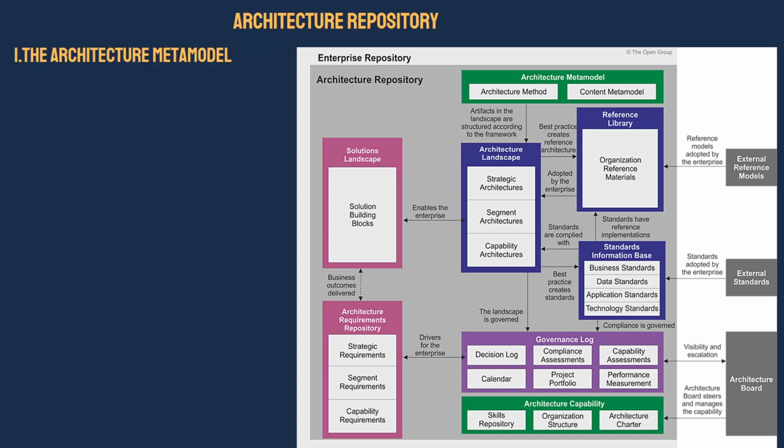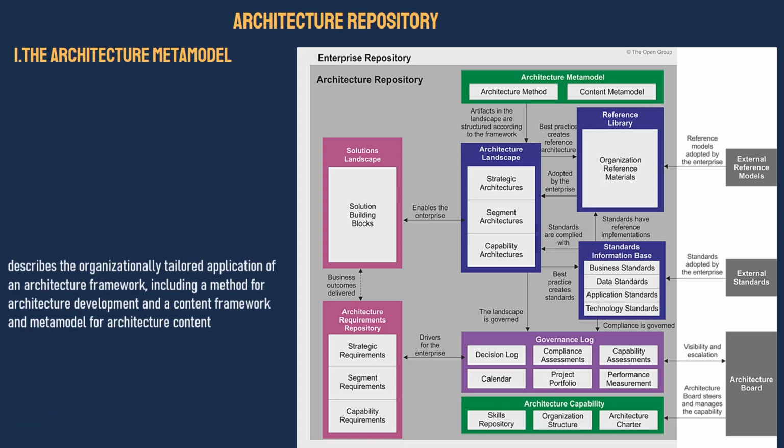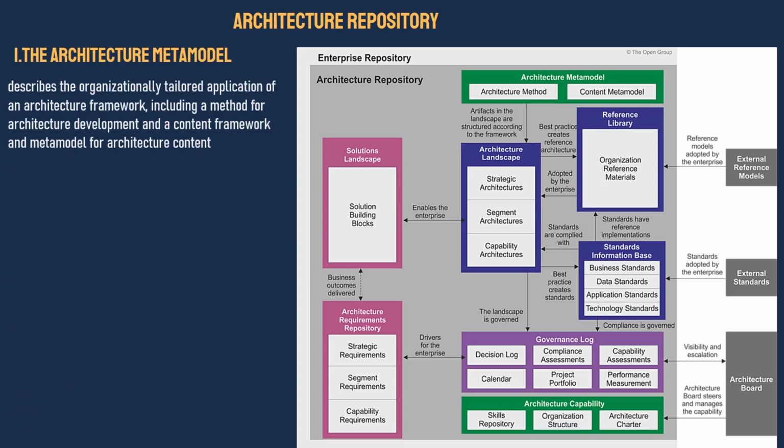The architecture meta model describes the organizationally tailored application of the architecture framework, including a method for architecture development and a content framework and meta model for architecture content.